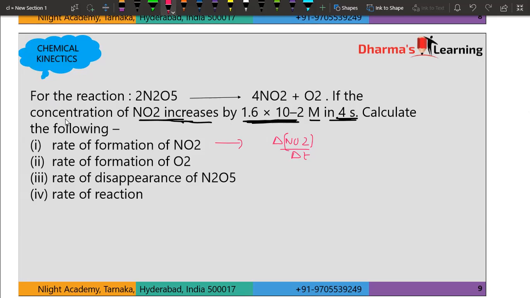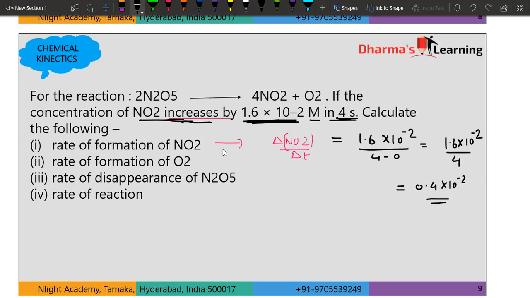They have themselves given that the concentration is increased. The change given is 1.6 into 10 to the power of minus 2, in 4 seconds, so it is 4 minus 0. So it will be 1.6 into 10 to the power of minus 2 divided by 4, which is 0.4 into 10 to the power of minus 2. This is the rate of formation of NO2.